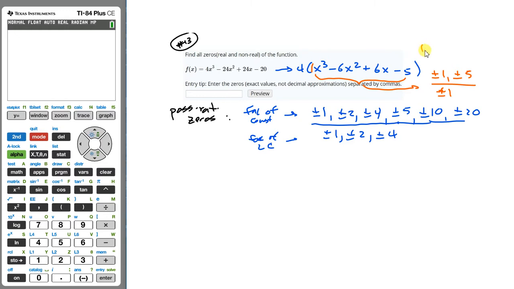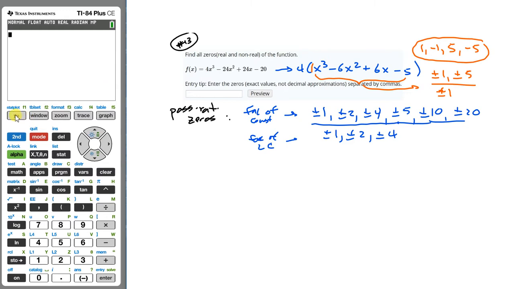This leaves me with 1, negative 1, 5, or negative 5. There are only 4 numbers to check. If there is a rational zero, it will be one of these 4 numbers. So let's check it real quick.